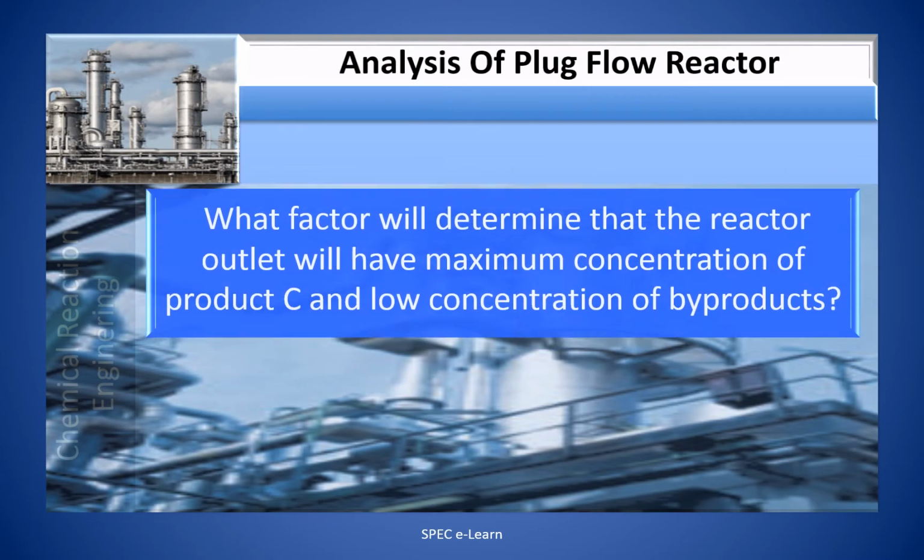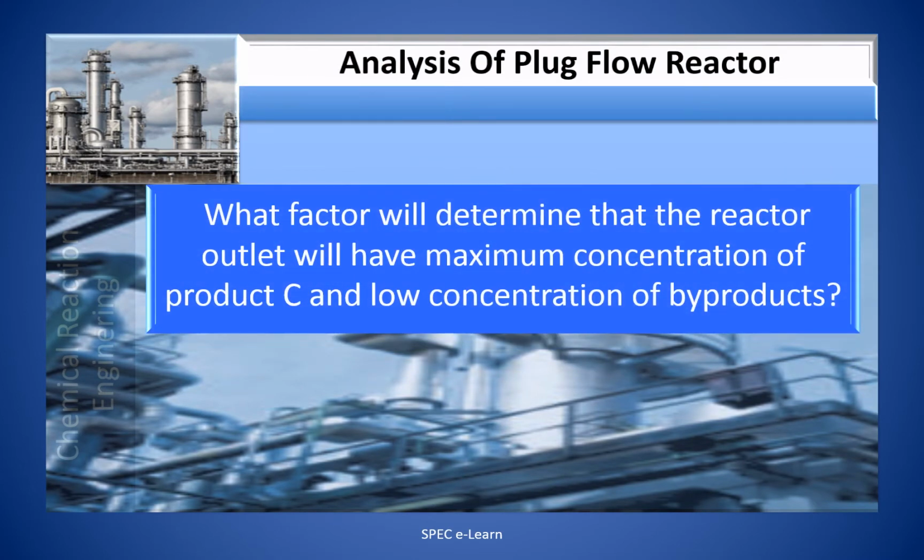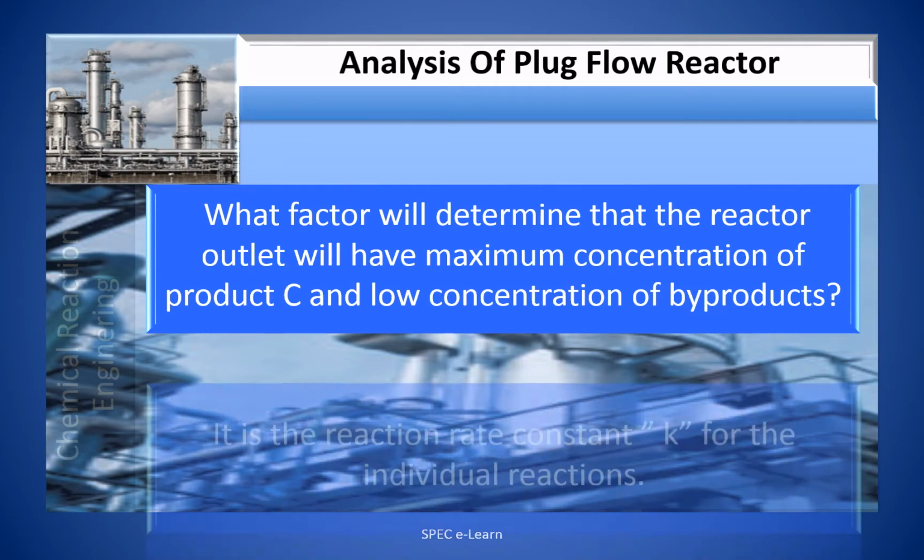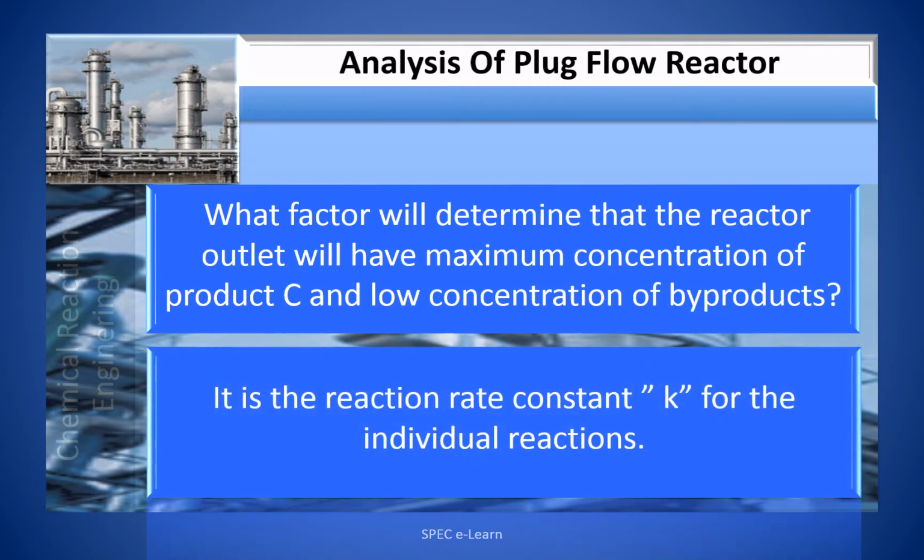What factor will determine that the reactor outlet will have maximum concentration of product C and low concentration of byproducts? It is the reaction rate constant k for the individual reactions.